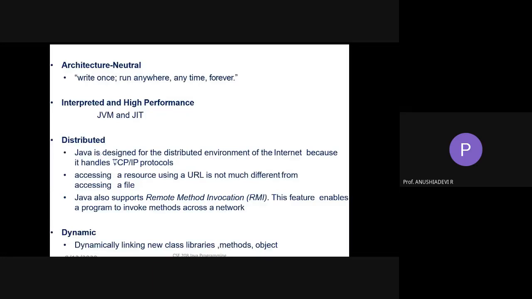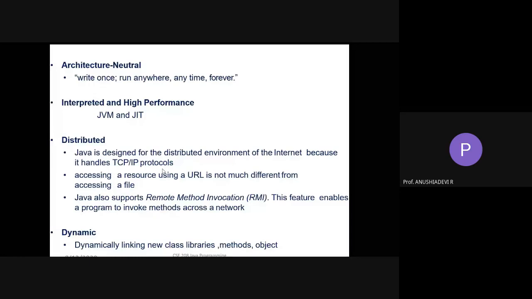In Java we have several concepts for networking purposes, like the TCP/IP protocol. We will see all that later. Java is distributed because of the TCP/IP and UDP protocols. And here is one new concept, RMI, remote method invocation. This feature enables a program to invoke a method across a network. But in your syllabus, we don't have RMI and the TCP/IP protocol.